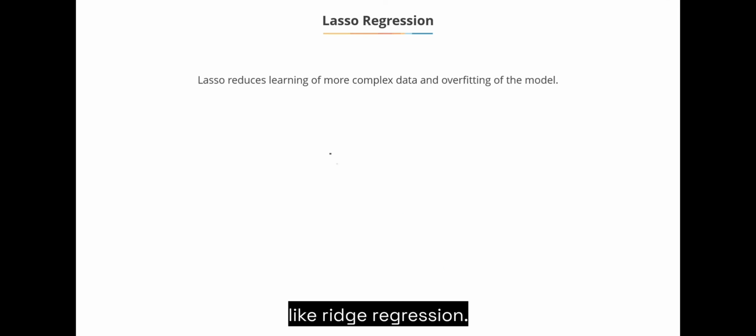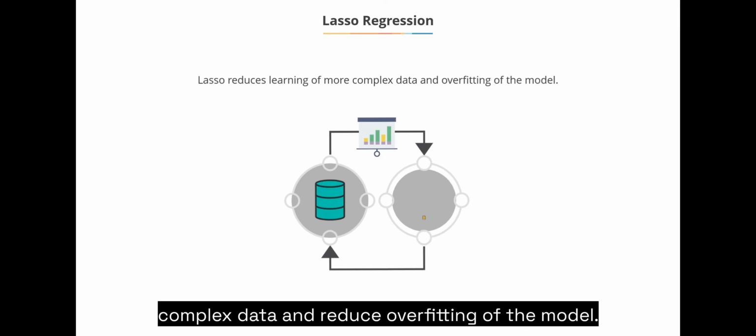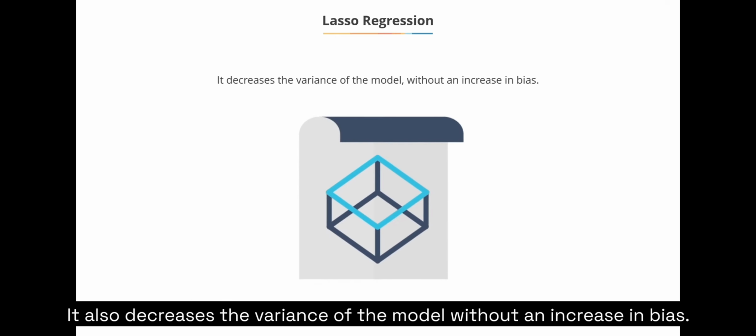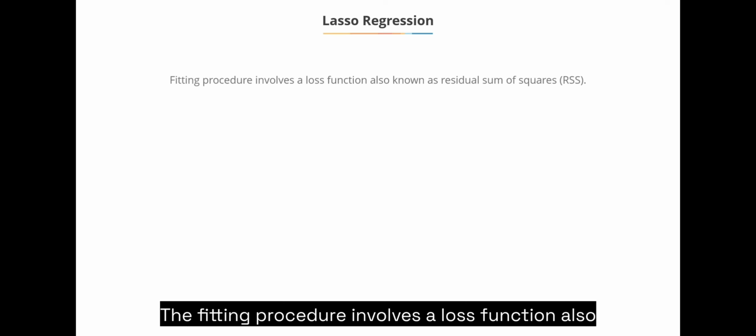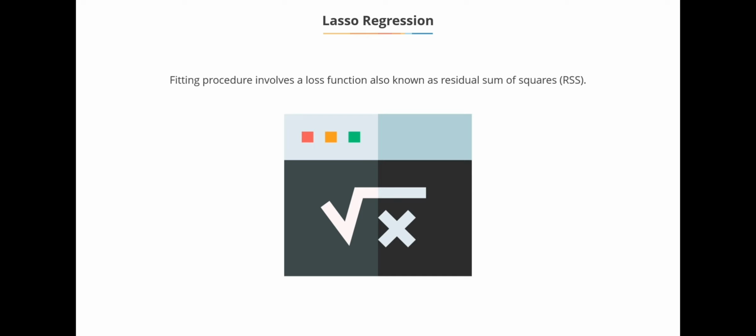Like ridge regression, Lasso also helps to reduce the learning of more complex data and reduce overfitting of the model. It also decreases the variance of the model without an increase in bias. The fitting procedure involves a loss function, also known as residual sum of squares or RSS.